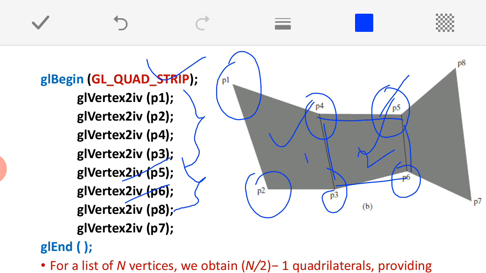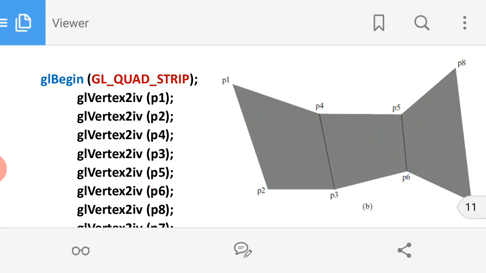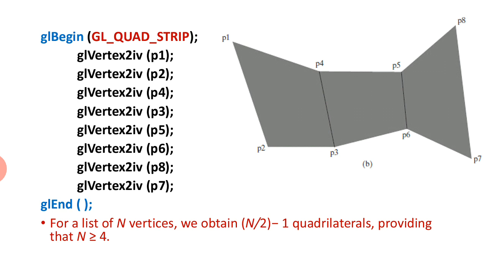This is the first, this is the second, and for another pair of vertices, P8, P7, automatically they get joined and we get another quadrilateral.